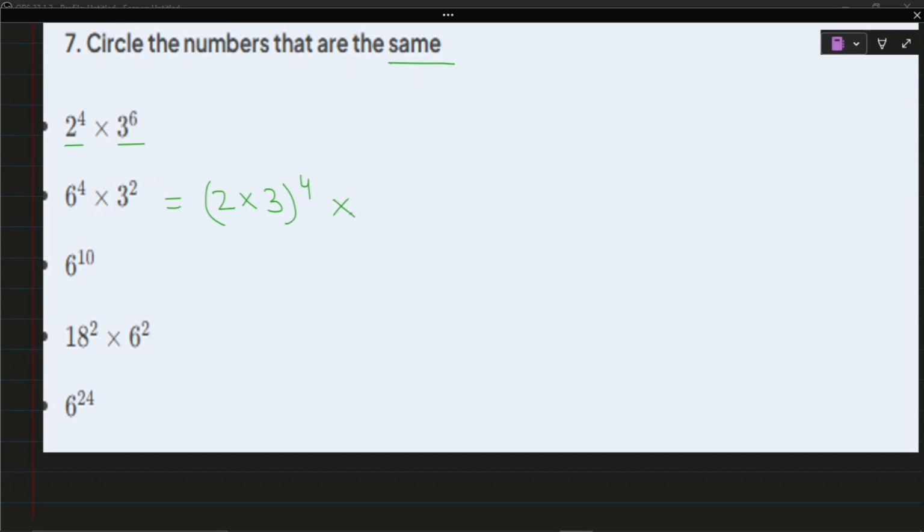Then multiplied with 3 square. So this is of the form (ab) whole raised to m, that is equal to a raised to m, give the power to both the numbers, b raised to m. So this we can write 2 raised to 4 multiplied with 3 raised to 4. Then the third term is there, that is 3 square.